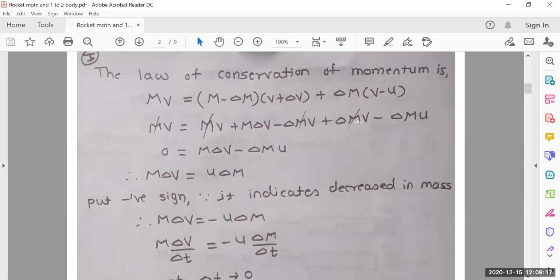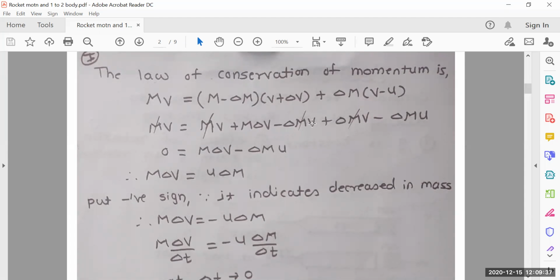Okay, here we have delta mv, this one, and here we have delta v.